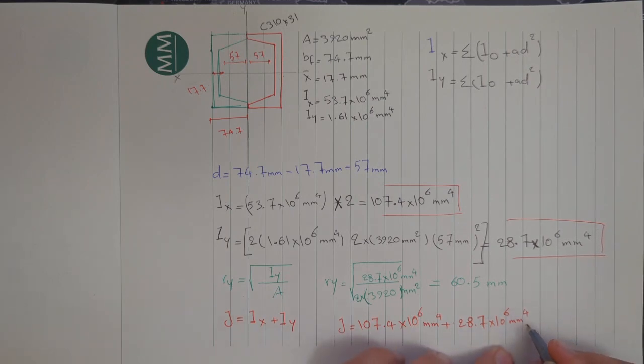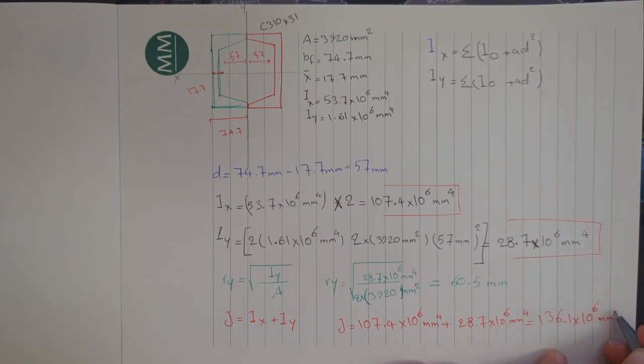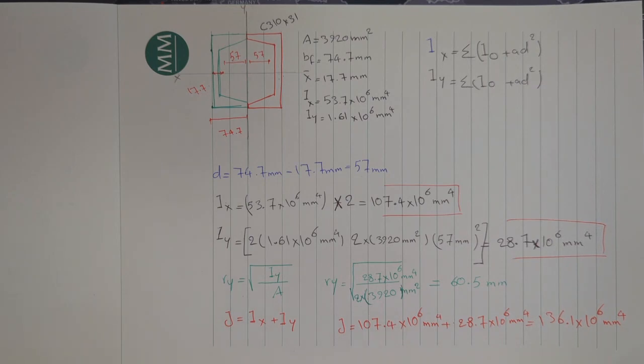The answer is, oh boy, it's a big number, 136.1 times 10 to the 6 millimeter to the 4. So this is going to be our final answer for A and final answer for B.